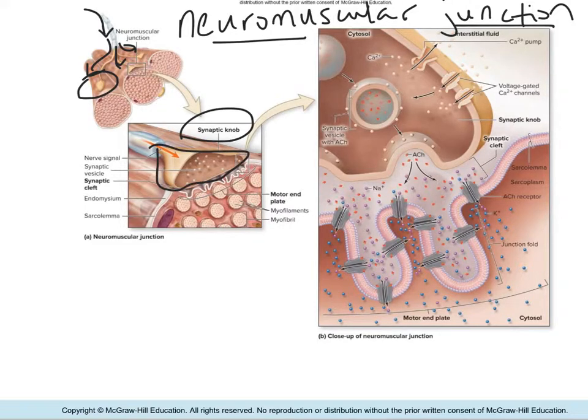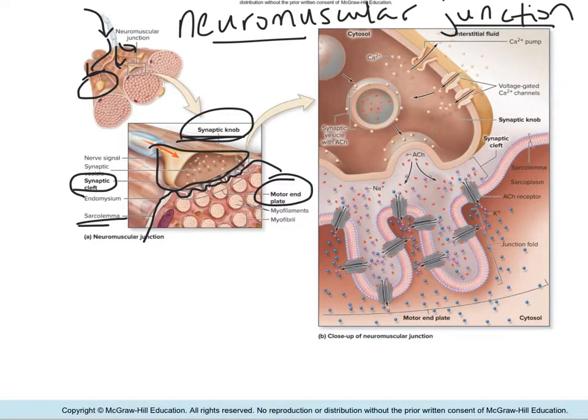And it comes in close proximity to the sarcolemma, the plasma membrane of the skeletal muscle, but it doesn't actually touch it. There is a space there, and that's called the synaptic cleft. The portion of the sarcolemma of the muscle fiber that is in close proximity to the synaptic knob is the motor end plate.